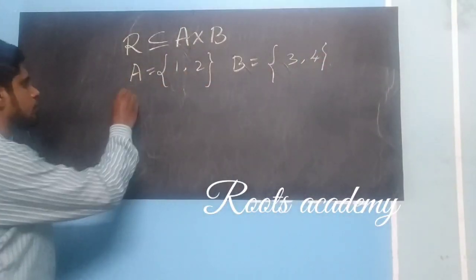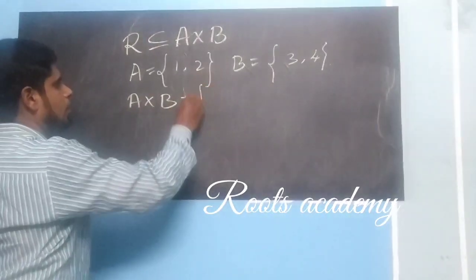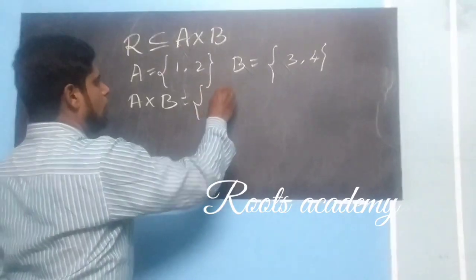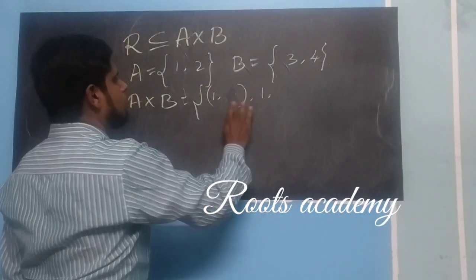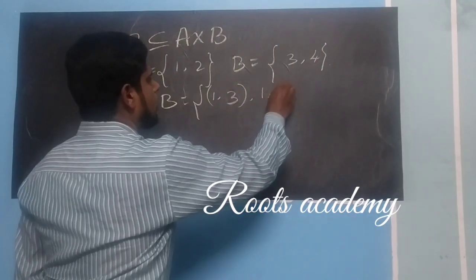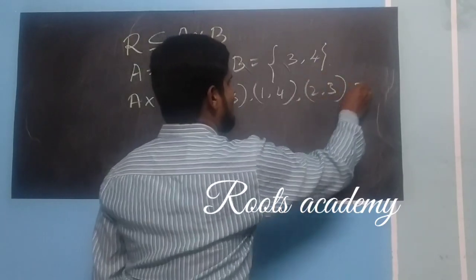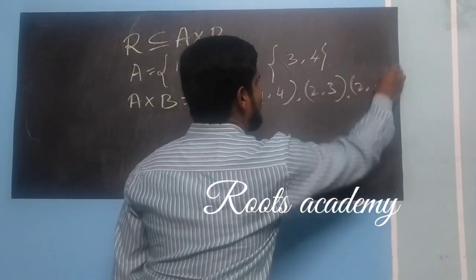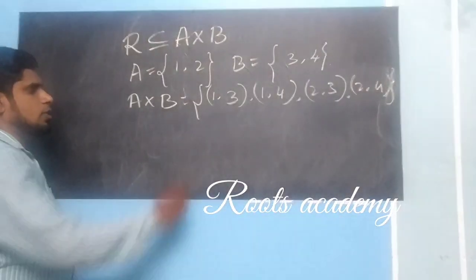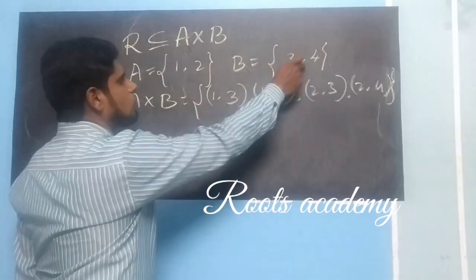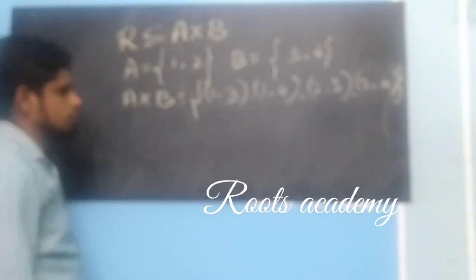Then A cross B is (1,3), (1,4), (2,3) and (2,4). So this is the Cartesian product of these two sets. Let us define a relation here.